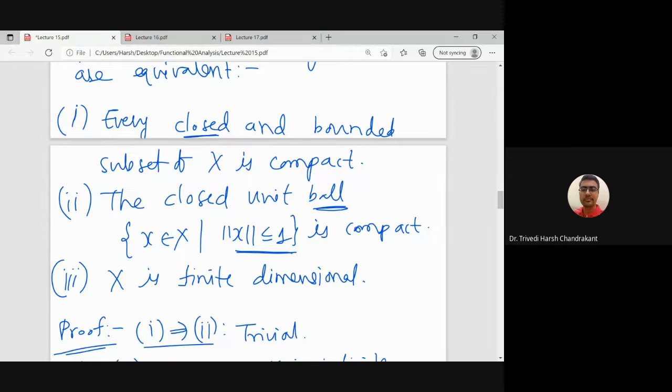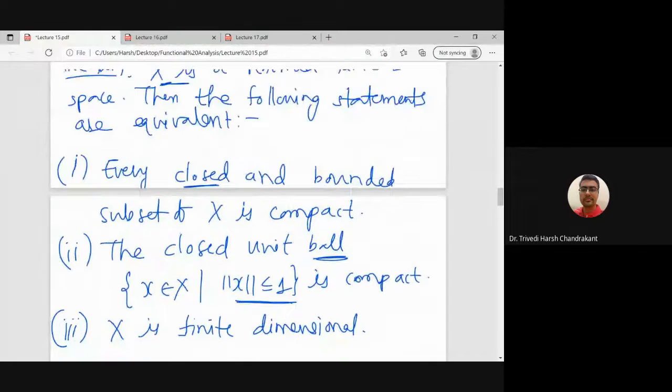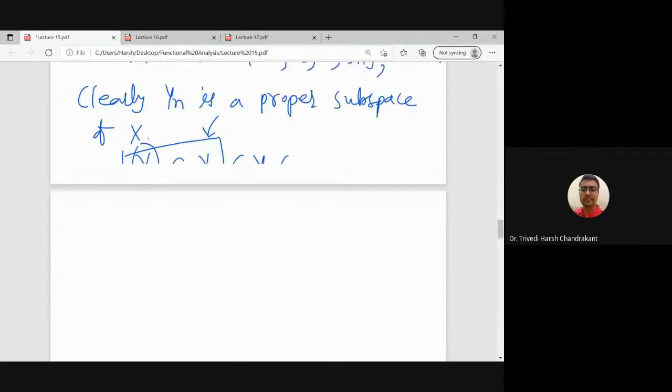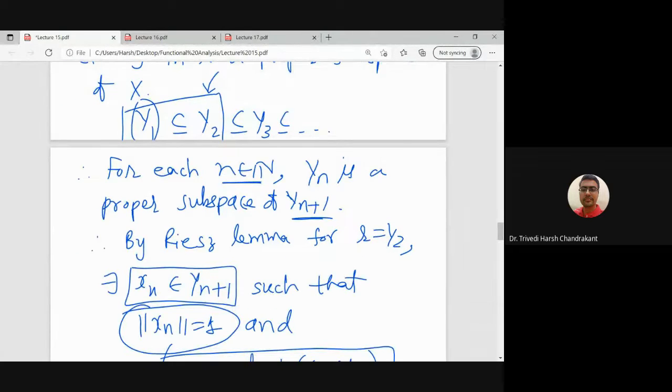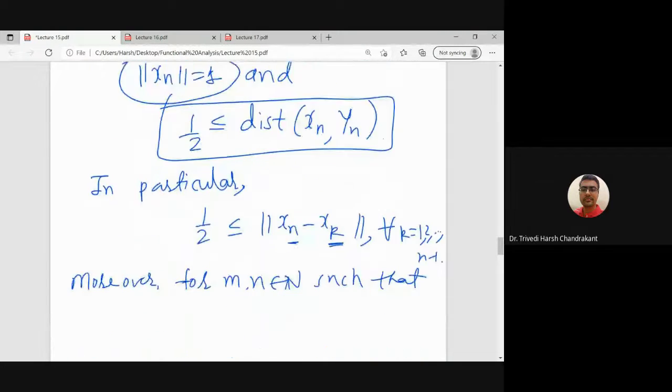So we proved 1 implies 2, which is trivial because the closed unit ball is a closed and bounded set, and then we proved 2 implies 3 using Riesz's lemma.